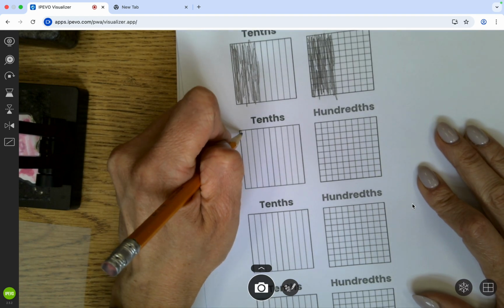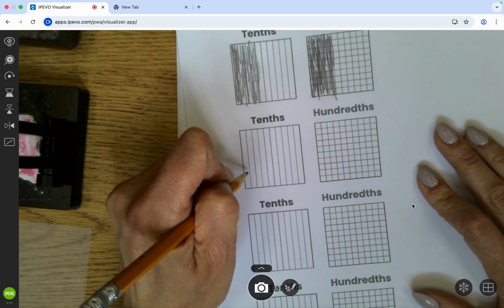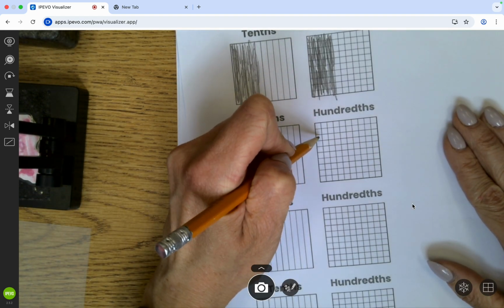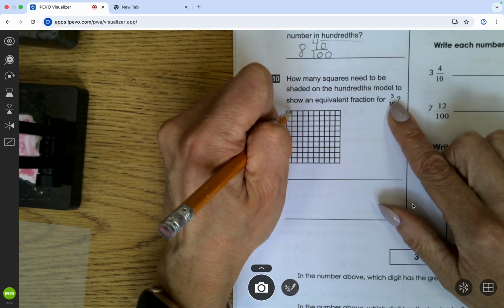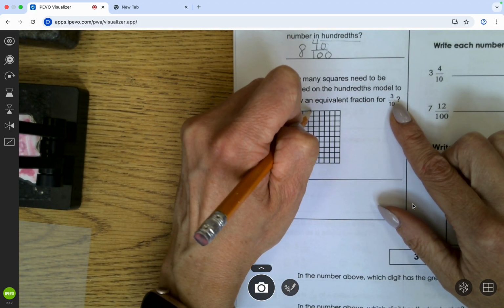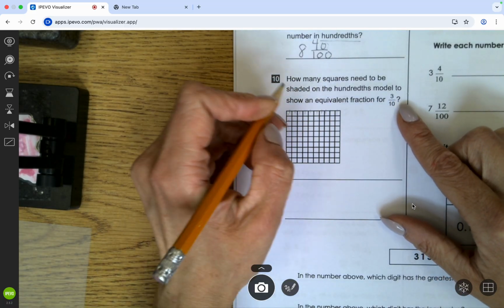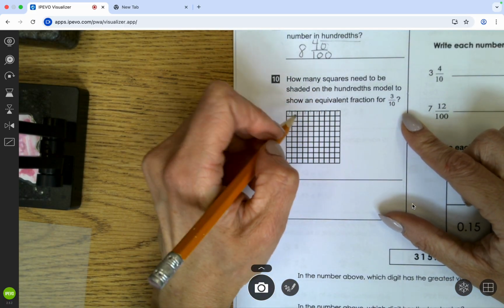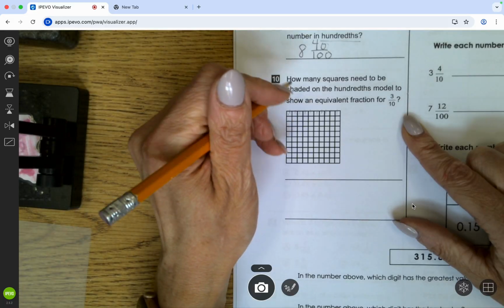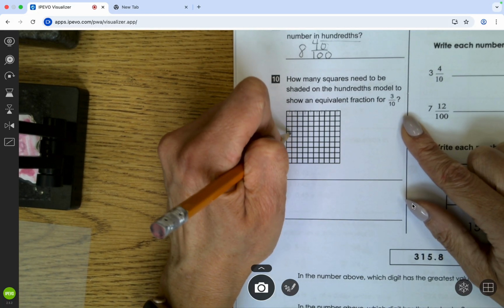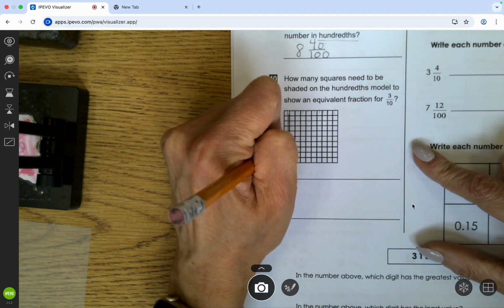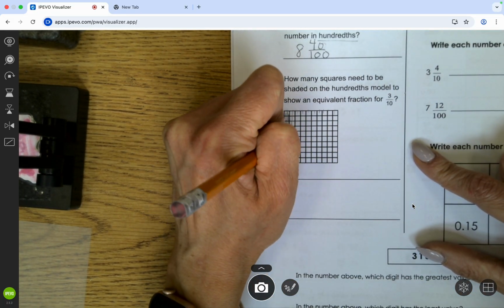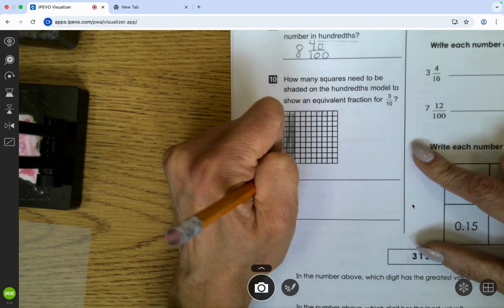Just like here, this one rod is equivalent to 10 of these pieces put together, which equal another rod, okay? So 3/10, I could think this is 10, 20, 30, 40, 50, 60, 70, 80, 90, 100. So this hundredths model is made up of 10/10. I need 3/10, so I'm going to shade 3 rows, or 3 columns.